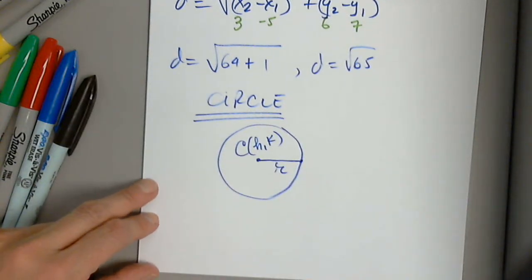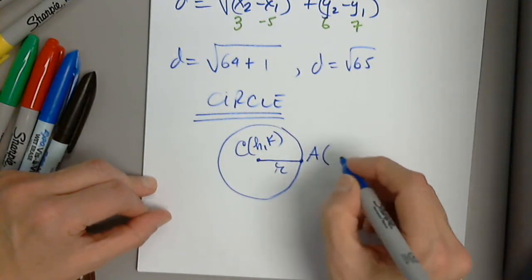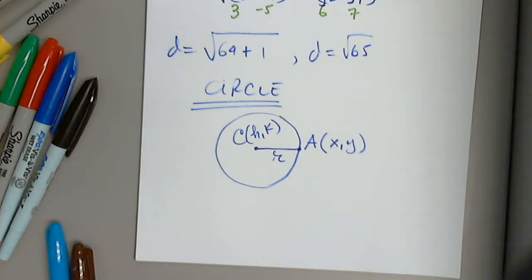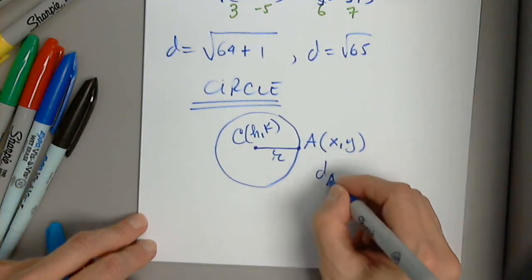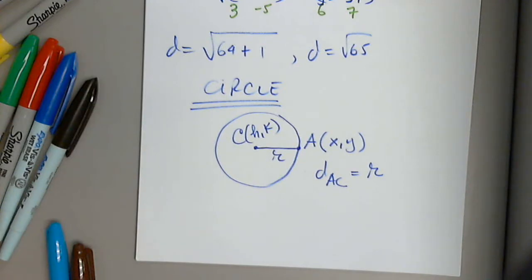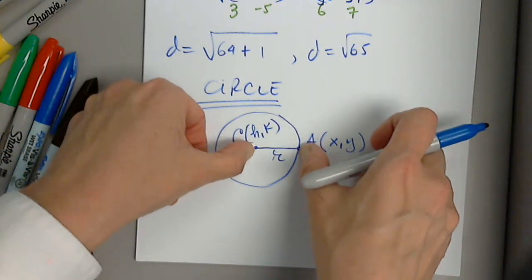Awesome. That is the radius, lowercase r. And I'm going to call this point A, any point on the circle, x comma y. If I write that the distance AC is the same as the radius, would you agree? Is the distance between A and C the same as the radius?